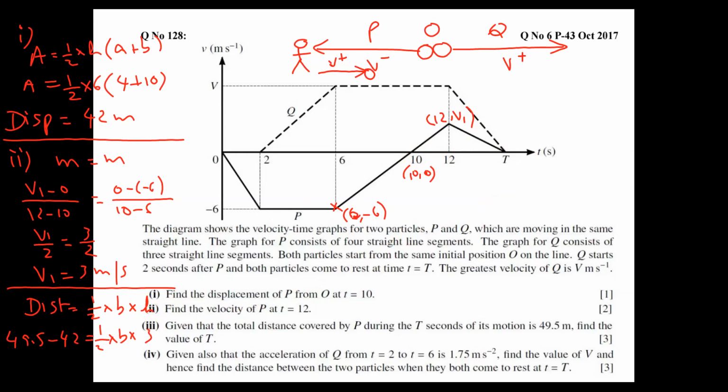Now if I check in my calculator, 49.5 minus 42, into 2, divided by 3, I get b is 5 seconds. This gap is 5. So 10 plus 5, capital T becomes 15 seconds.